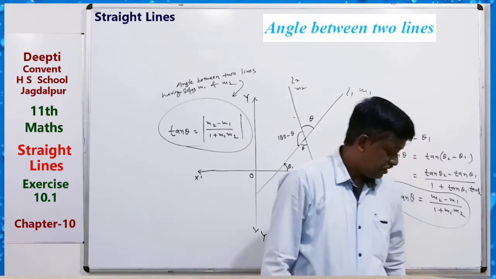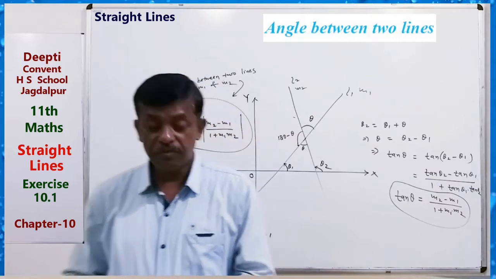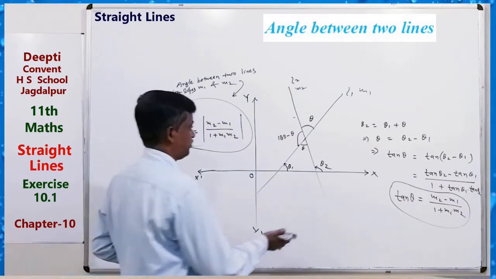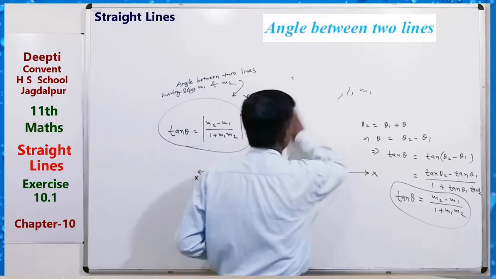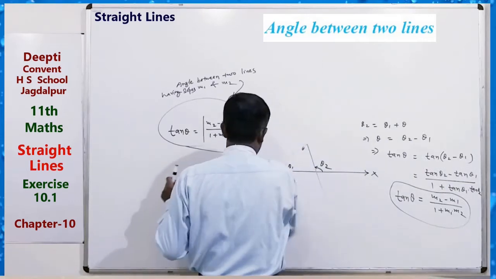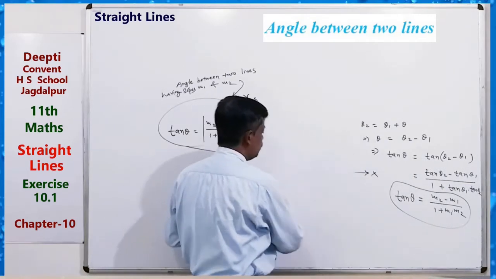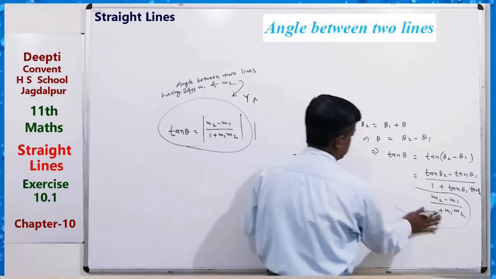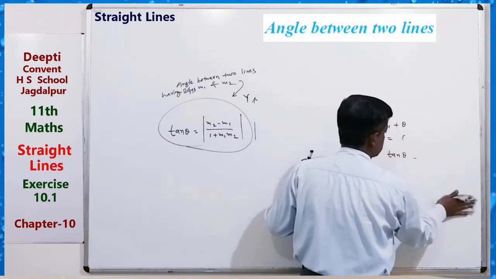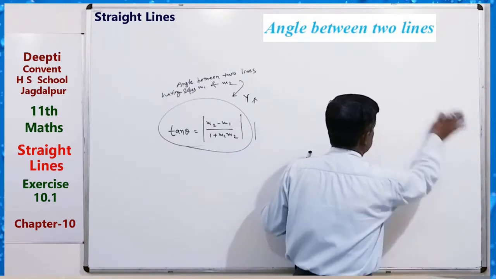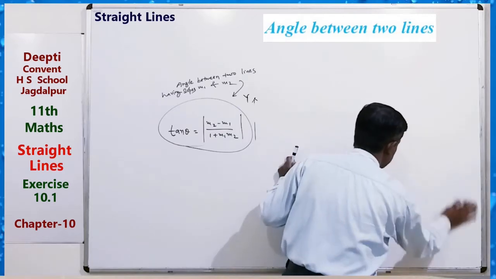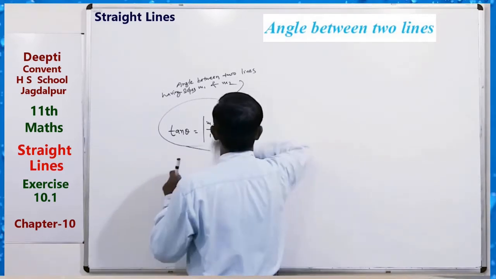Now, collinearity of three points. Two points are always collinear. Collinear means all three points lie on a single line. Okay.